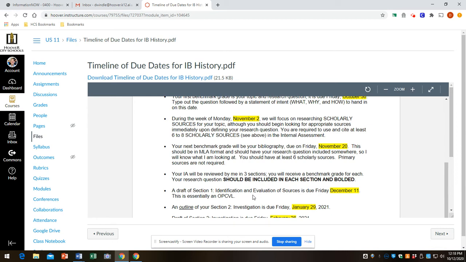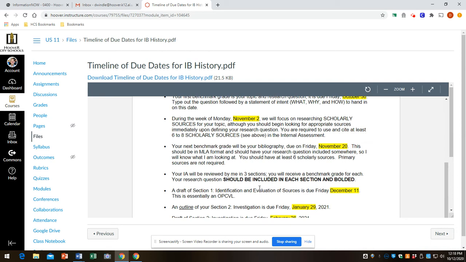Remember that the recommended length for that is 500 words, so it's less than 2 pages. So no big benchmarks this semester, but I promise if you get a really good topic, and I want you to think hard about this, and you find the right sources, and I'm going to help you do that, that is half the battle. Everything else should fall together.